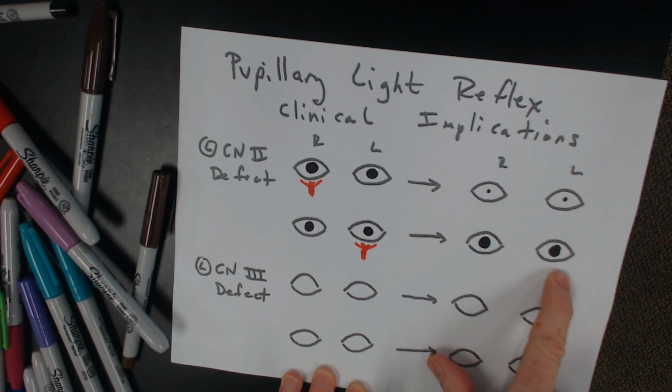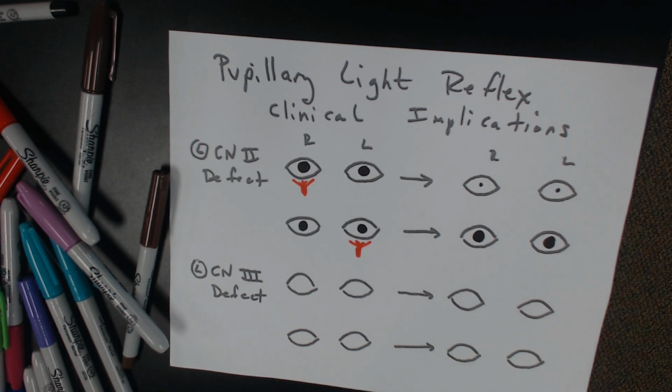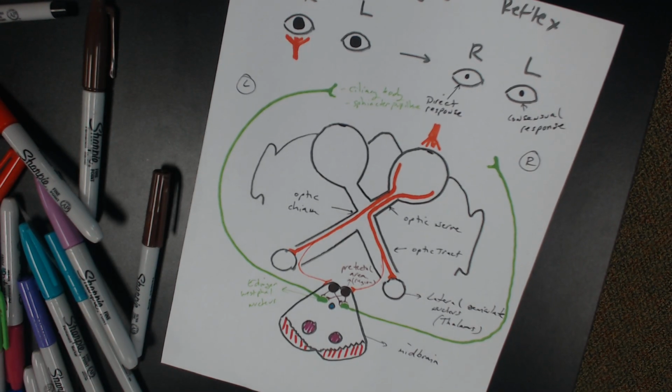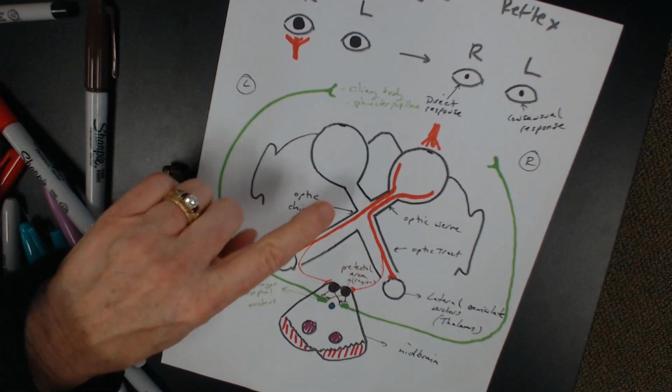Yes, Emmy. What is the consensual response of the right pupil? Consensual response of the right pupil. Okay, so in order to get consensual response of the right pupil, I would have to have light get into the system.